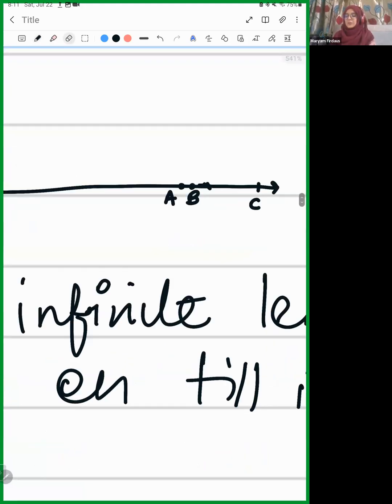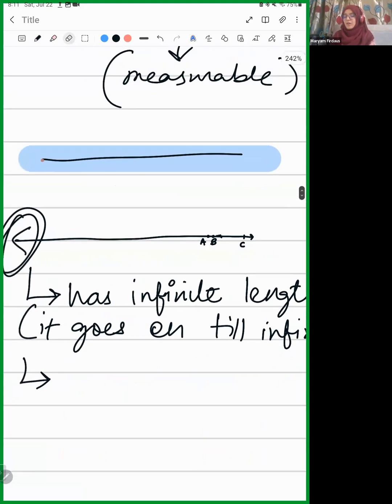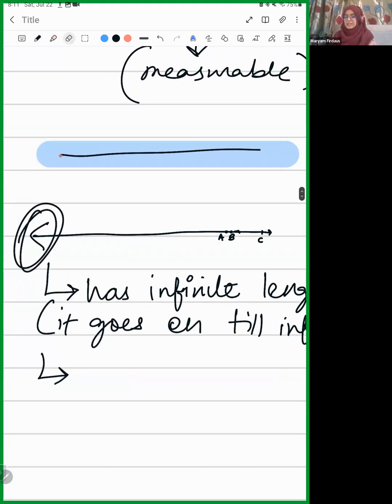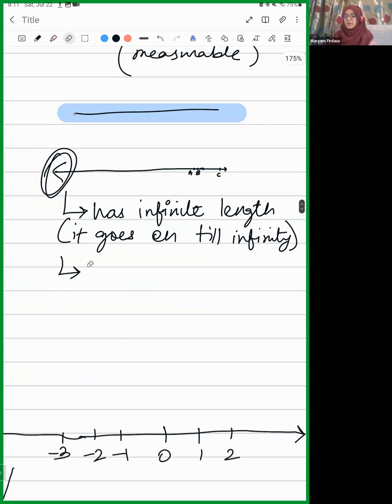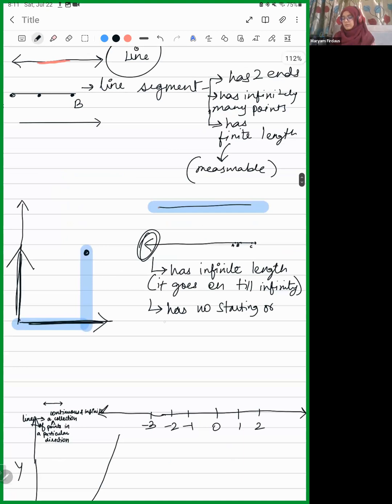See, you are running into this dilemma because a line has no starting or ending points. It has no starting or ending points. Why? Because it doesn't start, it doesn't end.